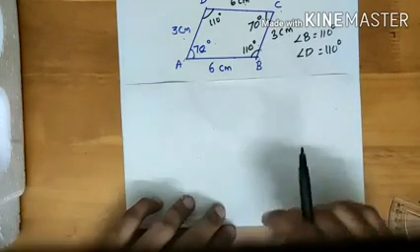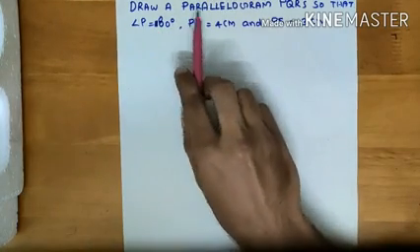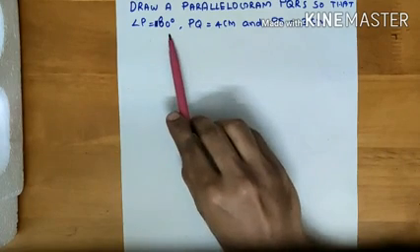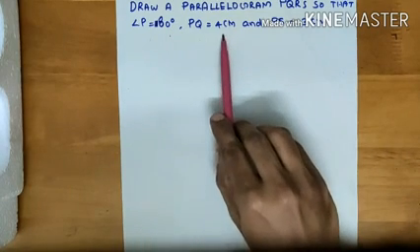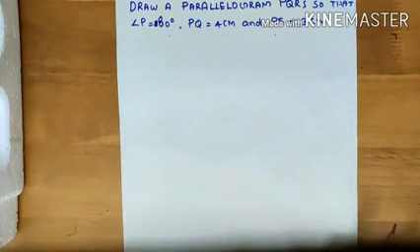So we will study how to draw a parallelogram. The question is: draw a parallelogram PQRS so that angle P equal to 80 degree, PQ equal to 4 centimeter and PS equal to 3 centimeter.